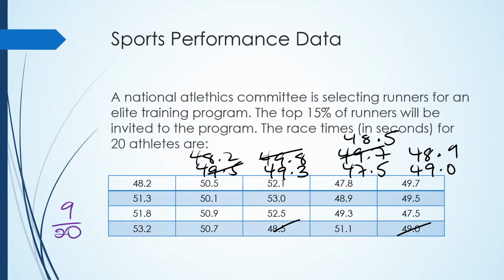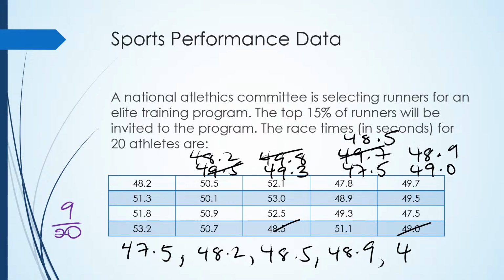So the scores that I'm going to get are 47.5, 48.2, 48.5, 48.9, 49.0, and 49.3. Those are the top 6 runners.